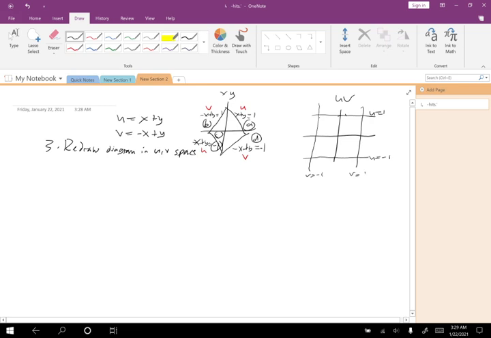So the u equals 1 side, that's A. The v equals 1 side, that is B. The u equals negative 1 side, that is C. And the v equals negative 1, that is D. Okay? So this is our region. Now that was how it transformed.